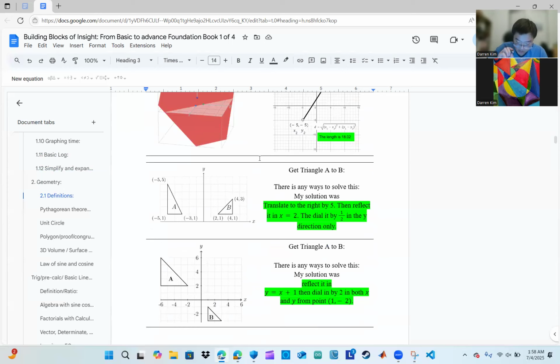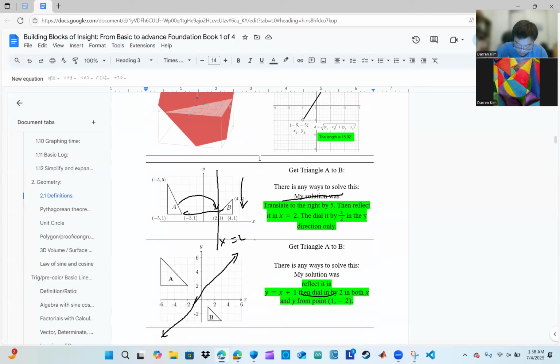All right. And then, oh, here's an interesting one. So here is getting the triangle from A to B. We move from here to over here. The way I did it, there are many solutions, but the way I did it is move over here, reflect it across x equals 2, and then dial it back in the y direction like that. This one I did, I believe, is this line over here.